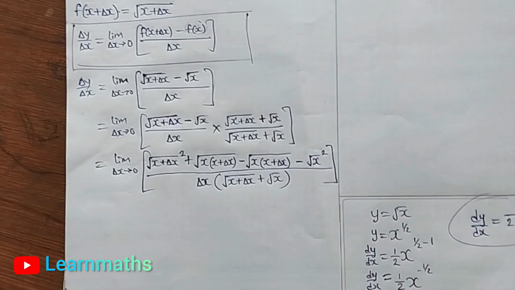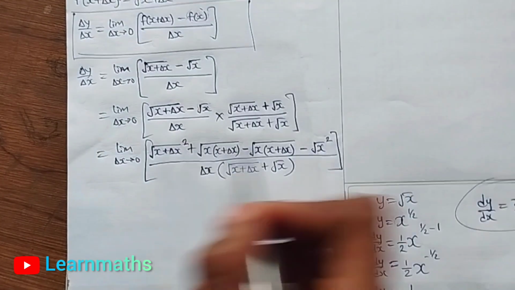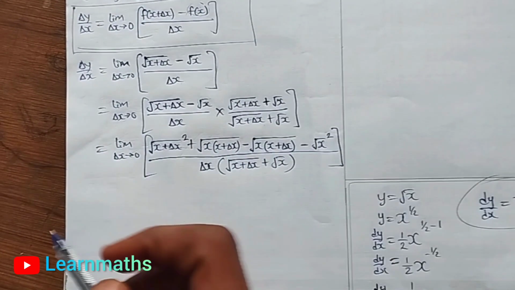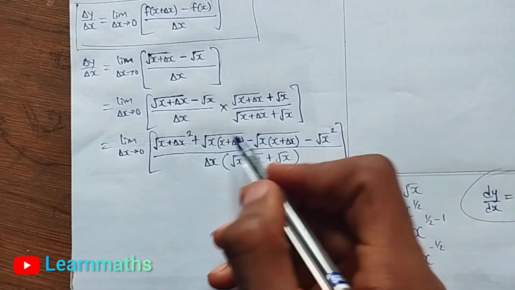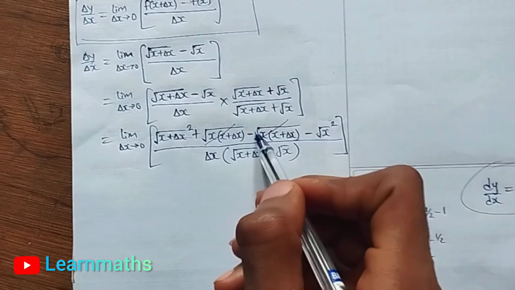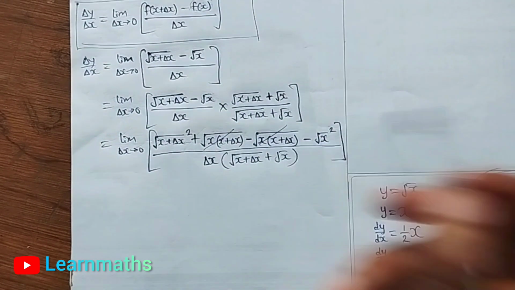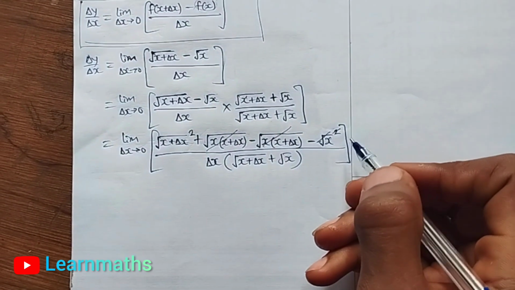You can decide to open this bracket if you want, but let's just simplify the numerator. For this numerator, you notice that this cancels this out, right? Since we're having square root of x subtracting this, so this is going to cancel out. And this square is going to cancel this square root.